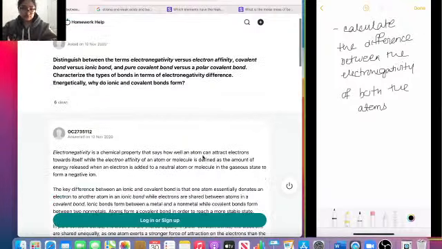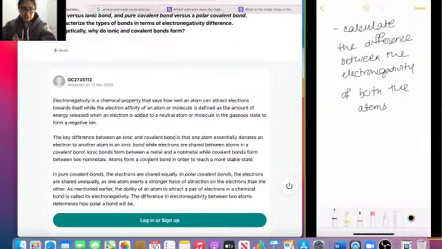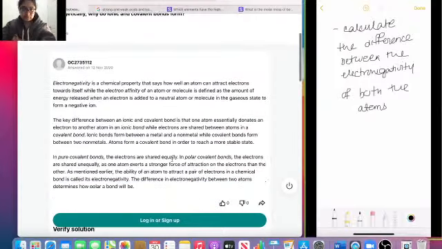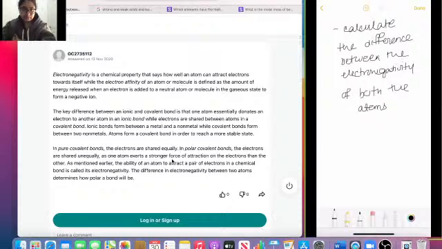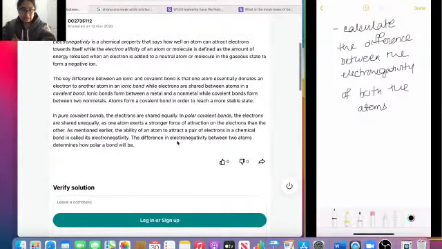Okay, and so the key difference is that an ionic bond donates an electron, right? And where you have shared electrons in a covalent bond. Ionic bonds are formed between metal and non-metal, and covalent bonds are formed between two non-metals, right? And so atoms form a covalent bond in order to reach a more stable state. When we're talking about pure covalent bonds, the electrons are shared equally, right?